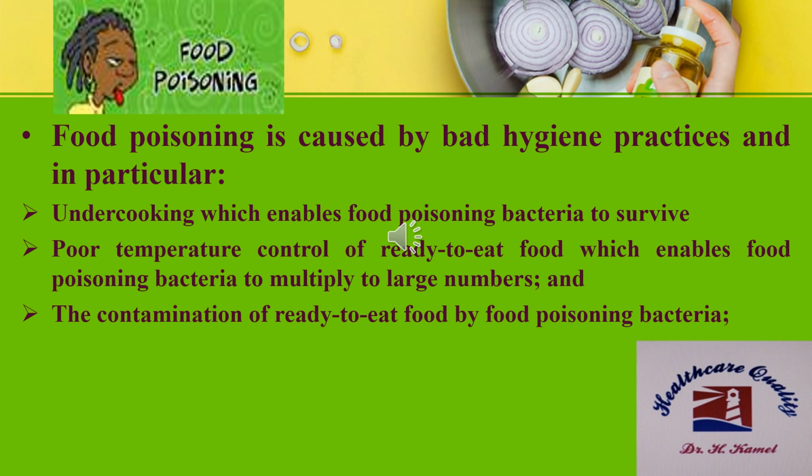Food poisoning is caused by bad hygiene practices and in particular undercooking, which enables food poisoning bacteria to survive. Poor temperature control of ready-to-eat food, which enables food poisoning bacteria to multiply to large numbers, and the contamination of ready-to-eat food by food poisoning bacteria.